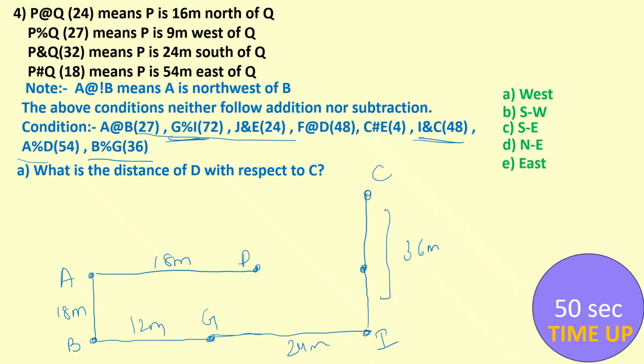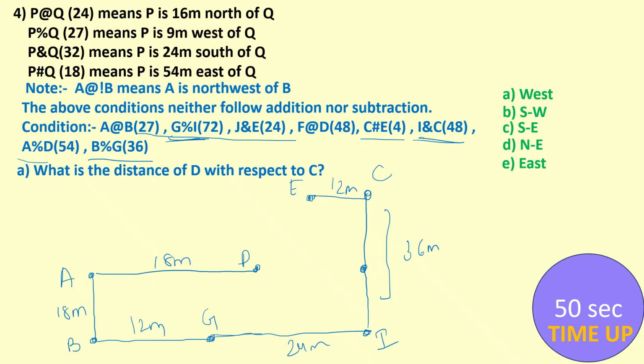Next, J and E. C hash E, you can take now. C hash E means C is to the east of E by 12 meter. Okay. 12 meter, here somewhere. In the middle, 24 meter is there here, so in the middle it will come, 12 meter. E will be placed here.